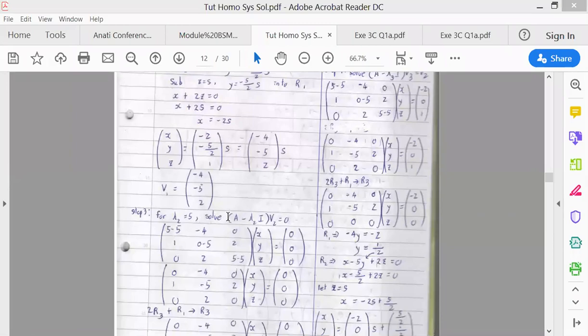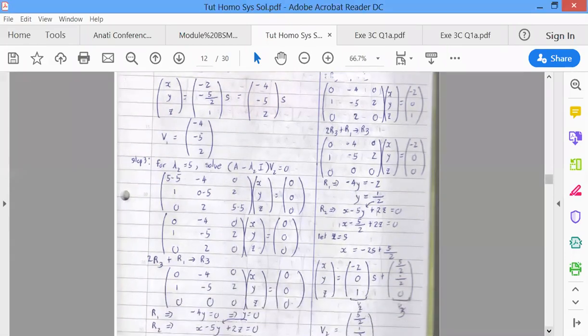First step, you solve (A minus lambda 2 I) V2 equal to 0, so you subtract lambda on the main diagonal, which gives what you get here. After that, you can easily see that row 1 and row 2 are equivalent, because row 1 has negative 4 here, and if you divide by negative 2, you will get 2, 0. So row 1 and row 3 are actually equivalent.